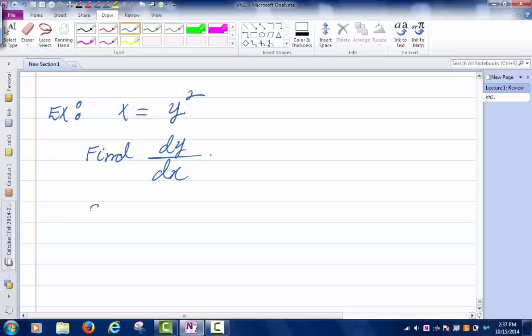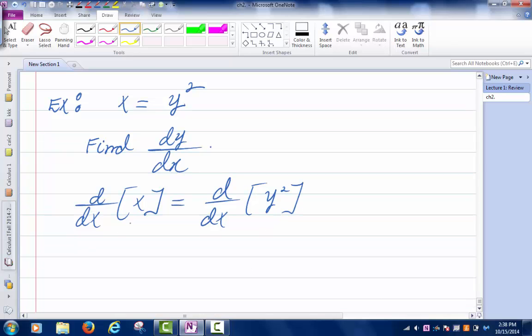Well, I take the derivative of both sides with respect to x, right? So I take the derivative of the left-hand side, I take the derivative of the right-hand side, and the derivative of the left-hand side is what? 1. Now, you're taking the derivative of y squared with respect to x, so you take the derivative of that with respect to y, as usual, which is 2y, and then you multiply by the derivative of y with respect to x.